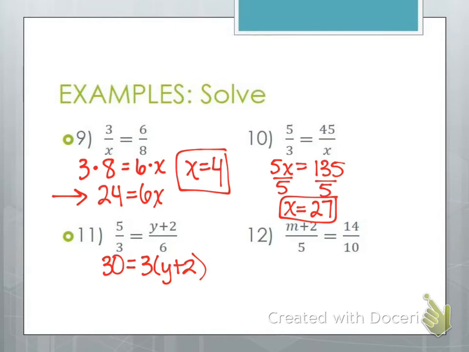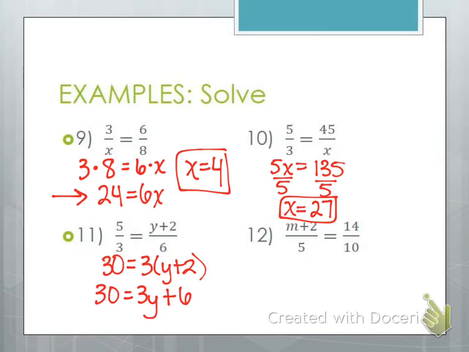You're not just multiplying it to the y. You're not just multiplying it to the 2. You have to, what's that special word when we multiply into parentheses? Distribute. That 3 gets distributed into the parentheses. So we have 30 equals 3y plus 6. Beautiful.